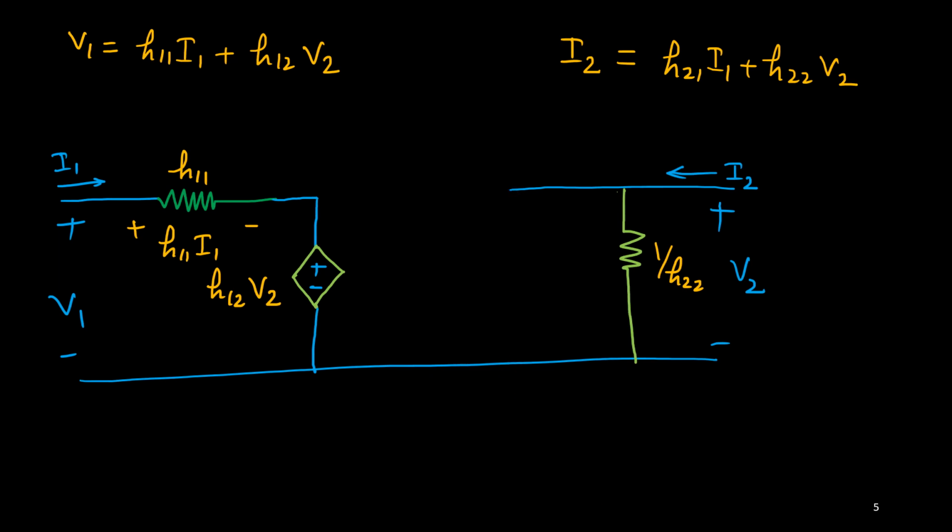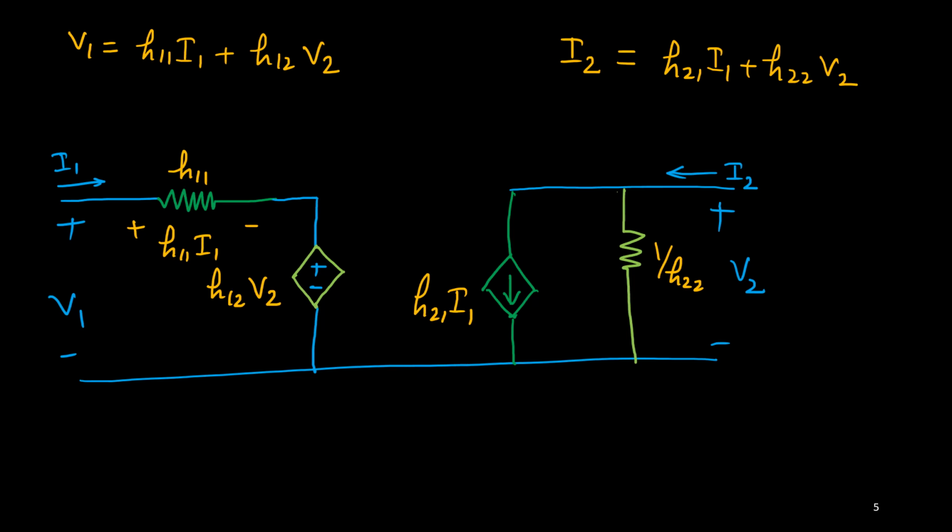So I'll consider one downward dependent current source here, and the value will be H21 I1. So this is the complete circuit for this H parameter. I hope you have understood this thing.